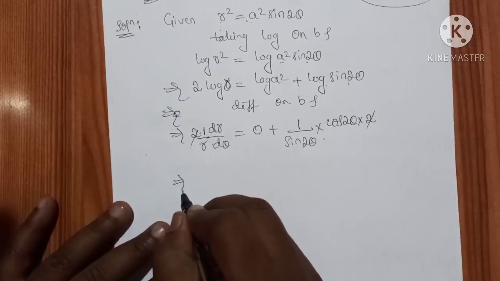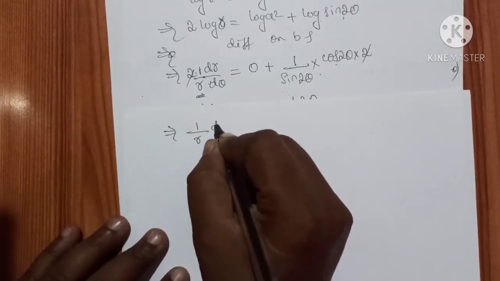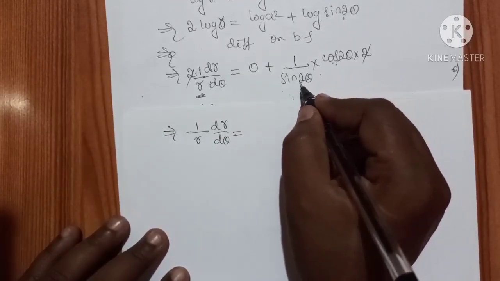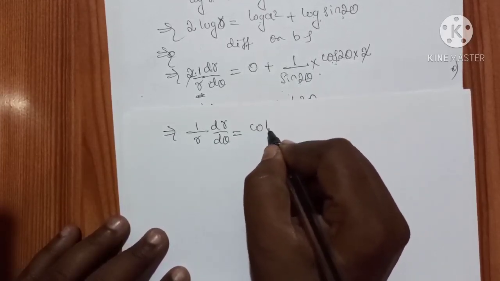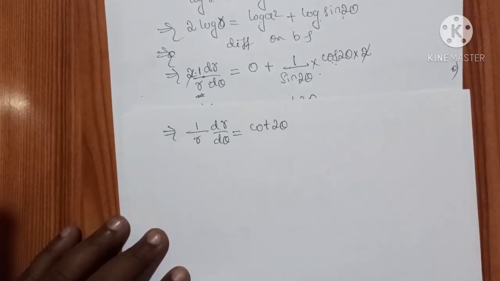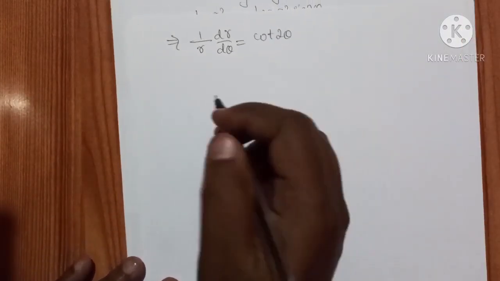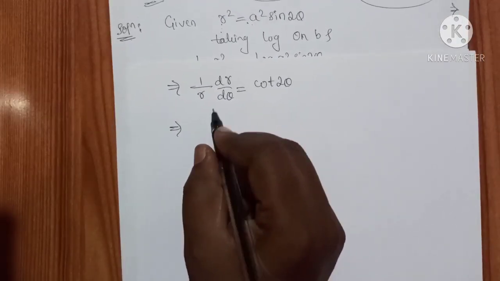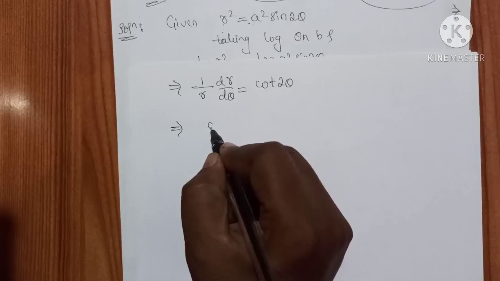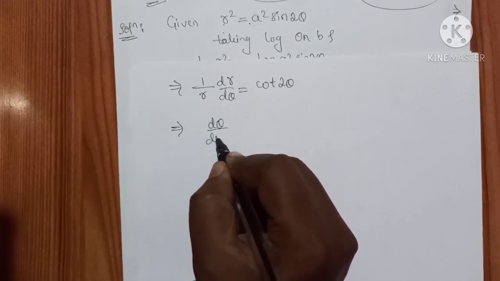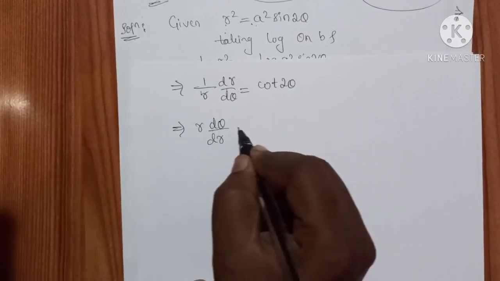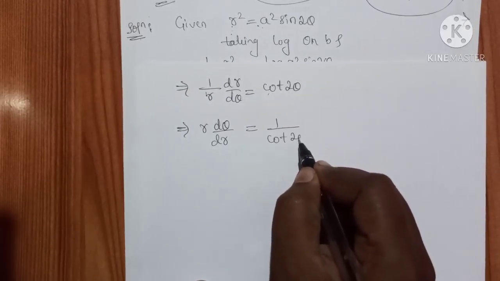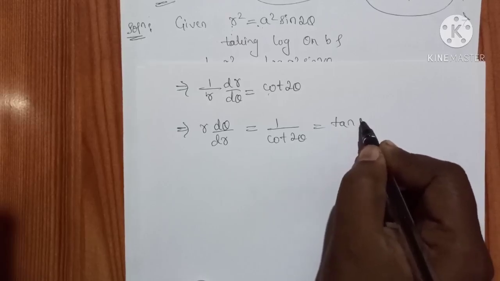We get 1 by r dr by d theta equals cos by sine, which is cot 2 theta. Now taking reciprocal on both sides, we get d theta by dr into r equals 1 by cot 2 theta, which equals tan 2 theta.